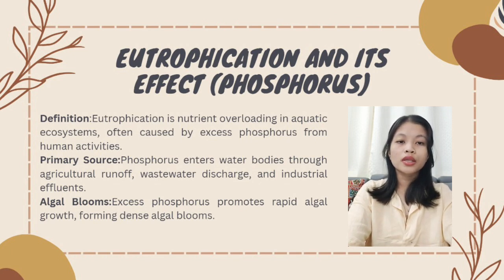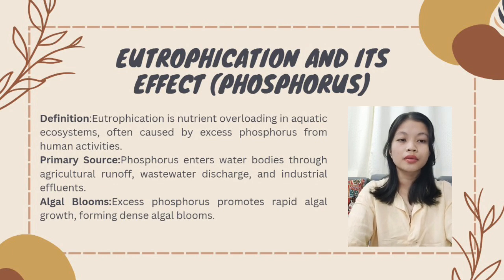This bloom blocks sunlight from reaching aquatic plants, and upon their decomposition, consumes large amounts of oxygen in the water. This creates hypoxic and anoxic conditions, making the environment uninhabitable for many aquatic species, including fish and invertebrates.